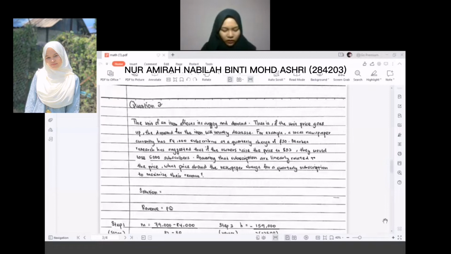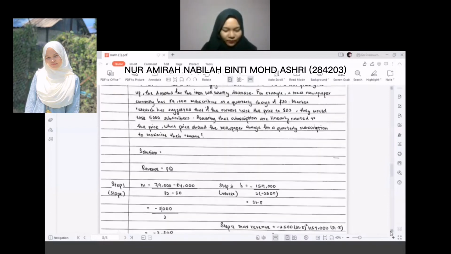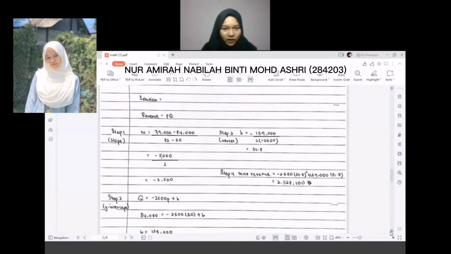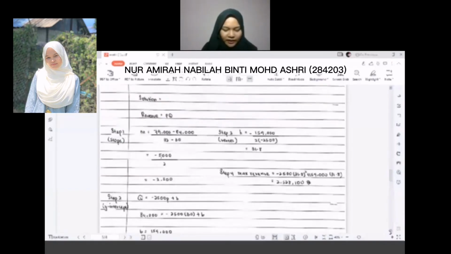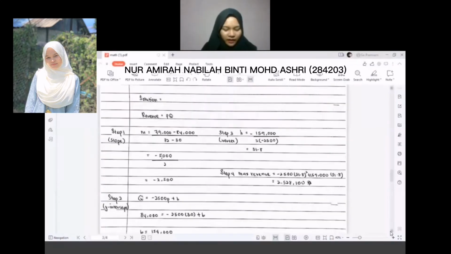maximize their revenue? So the solution: revenue is the amount of money a company brings in. In this case, the revenue can be found by multiplying the price per subscription times the number of subscribers, or quantity. We can introduce variables P for price per subscription and Q for quantity, giving us the equation revenue equals P times Q. Because the number of subscribers changes with the price, we need to find a relationship between the variables.